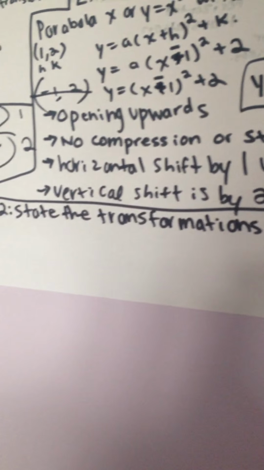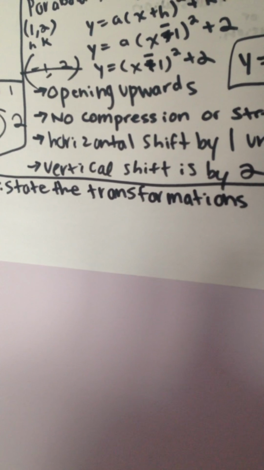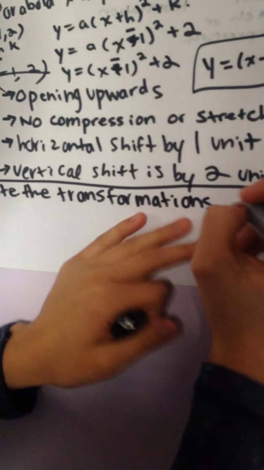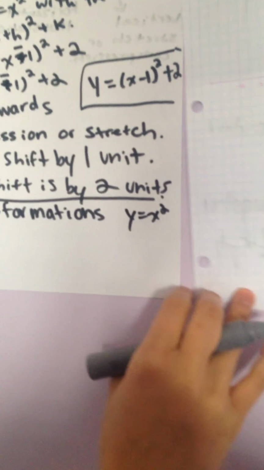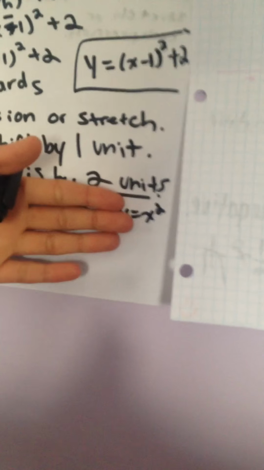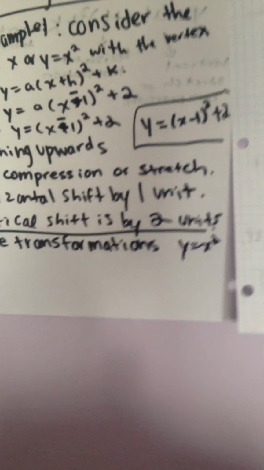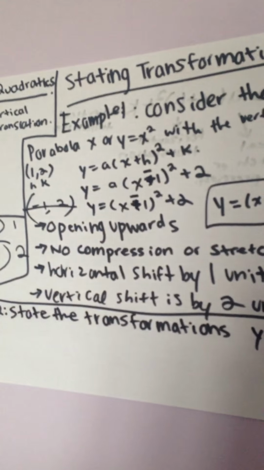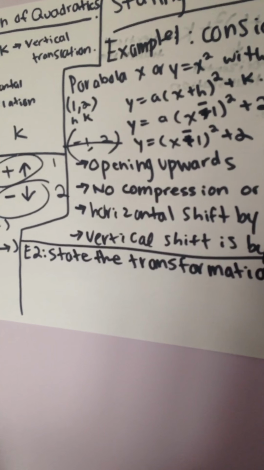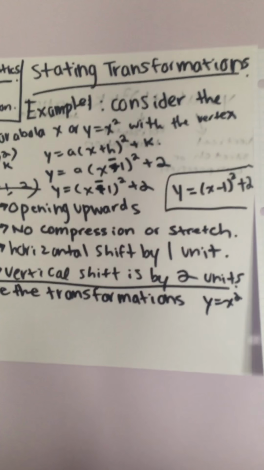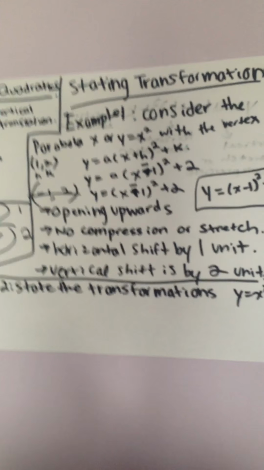So for this question, an equation can be given, and then using the parent function y equals x squared, you would state the transformations. So you would compare it with the second equation, and then state what the transformations are, like we did in the previous example. There can be as many, mostly 4 to 5 transformations for each equation.